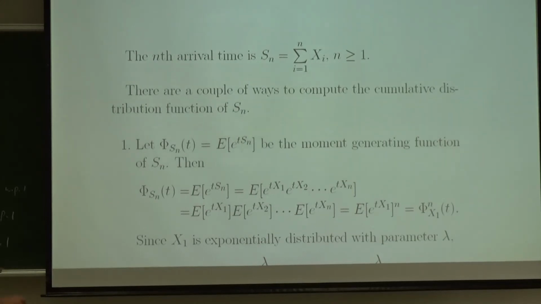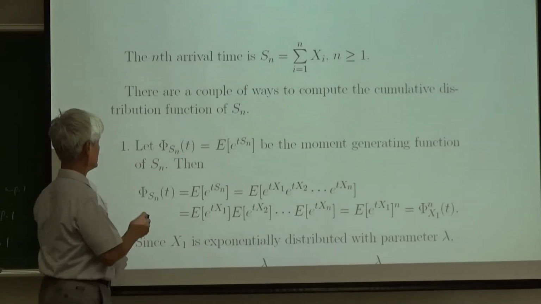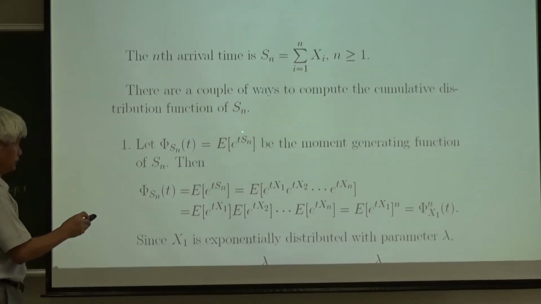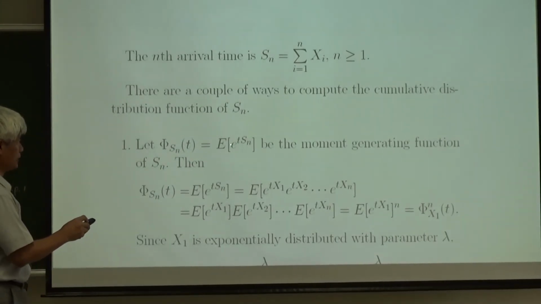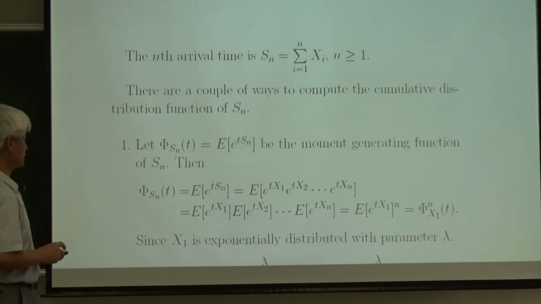Here I show that there are a couple of ways to compute the CDF of Xn. One is from the moment generating function, which is defined as the expectation of the exponential function of t times Xn. This is the traditional way to define the moment generating function.